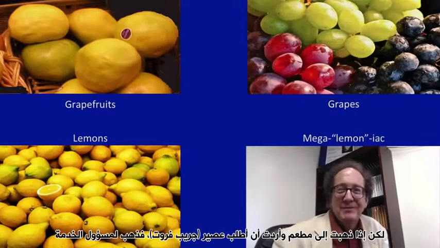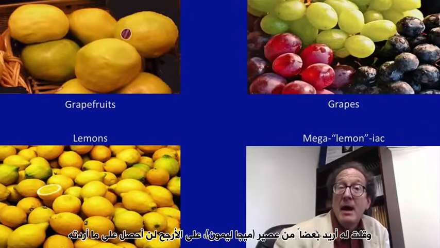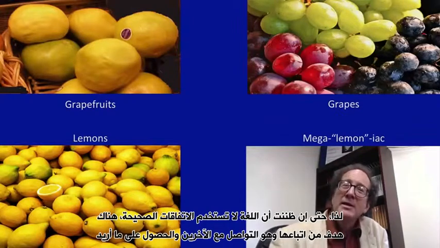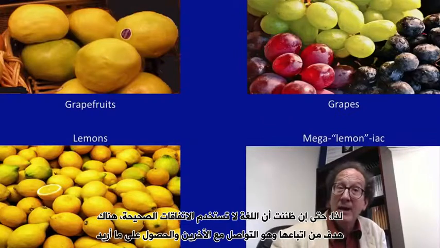But if I went to a restaurant and I wanted to order grapefruit juice, so I turned to the service person and said, "I'd like some mega lemon juice," I probably wouldn't get what I wanted. And so even if I think the language is not using the right conventions, there's a point in following the conventions of the language in order to be able to communicate with other people and get what I want.